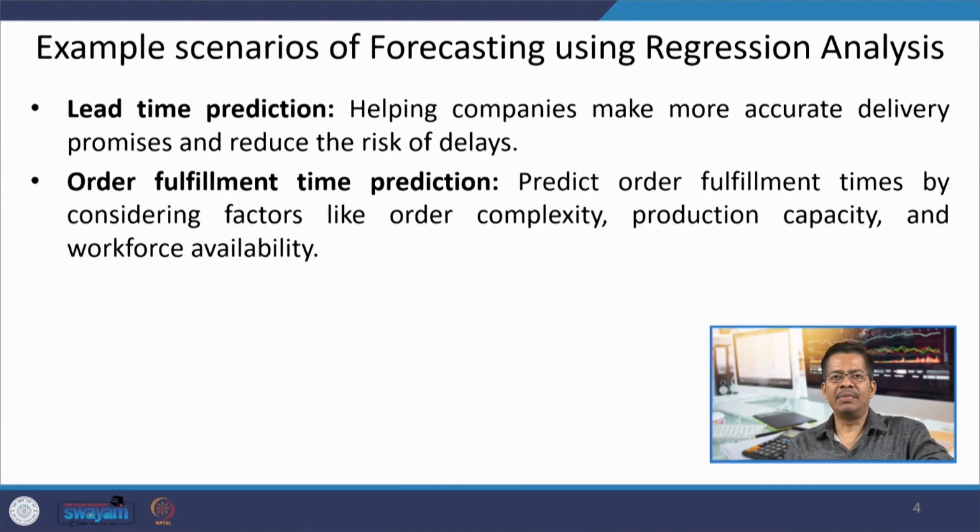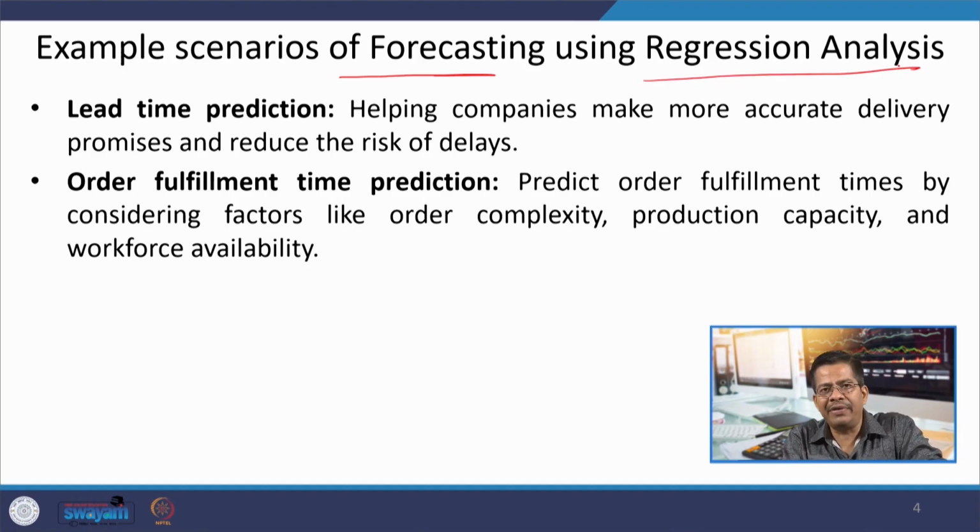Then, some of the examples where forecasting is used, and particularly the use of analytics. For example, lead time. We all know what lead time is.